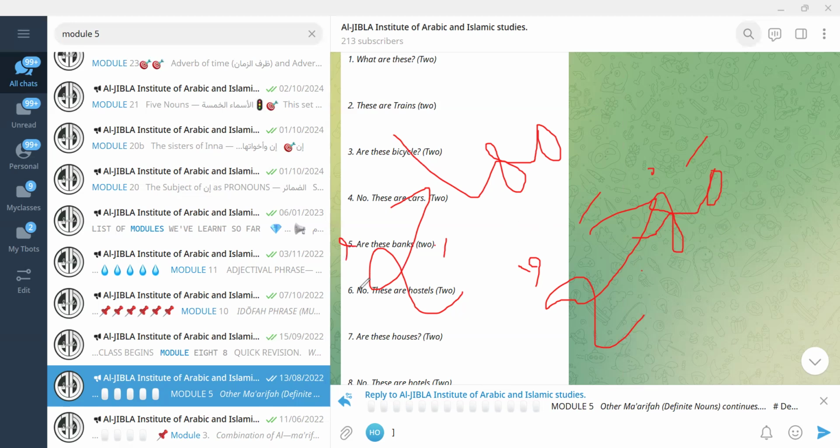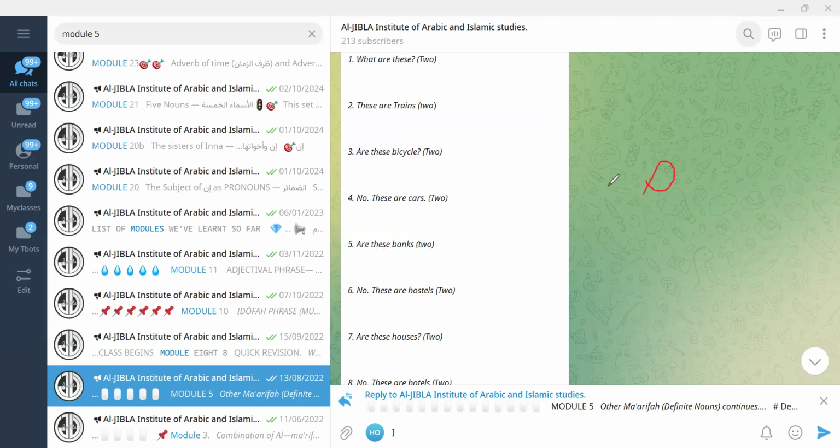So, the word nuzul, like I said, sometimes it is acceptable to use it to have the same meaning as manzil. You know that we have the word manzil to mean house, where you stay.